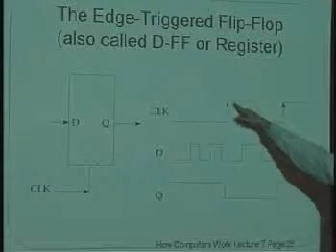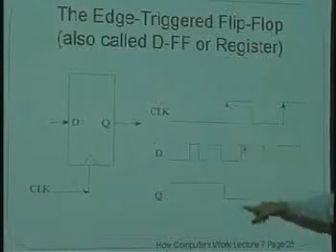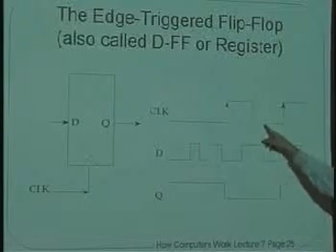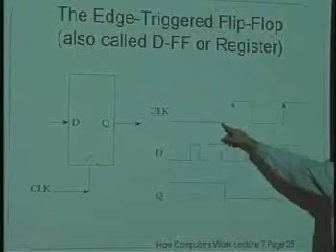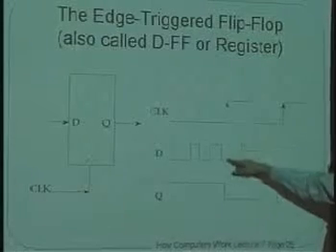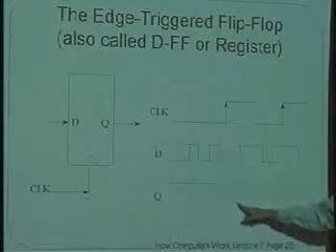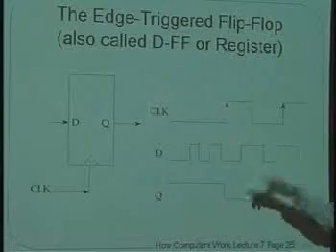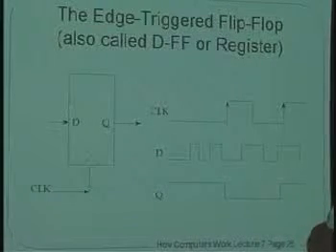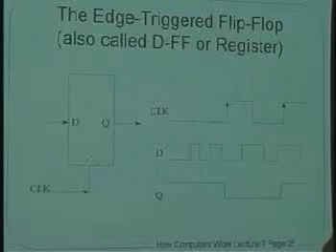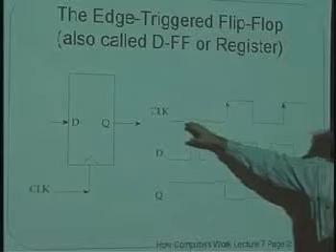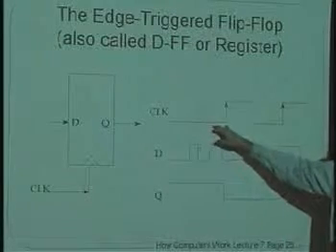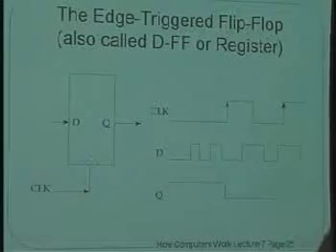If the clock is high, D is not transferred to Q. Nor when the clock is low is D transferred to Q. Rather, when the clock goes from low to high, D is sampled and transferred to Q. Now that seems like an incredibly hard thing to do. How could you take a picture of D in an instant and not be transparent, not pass through D either when you're low or you're high?